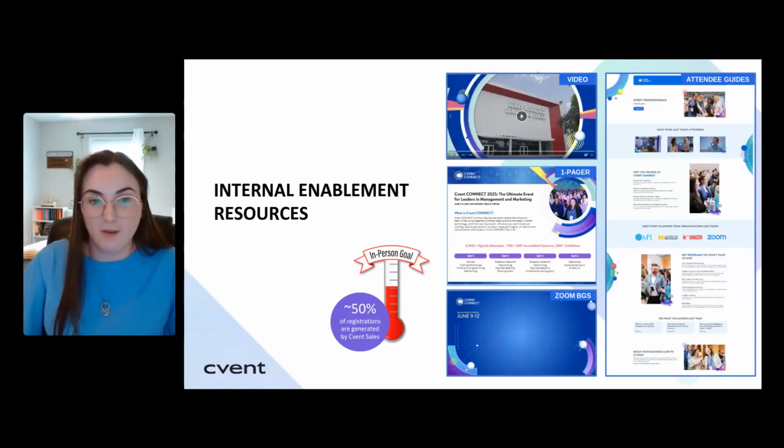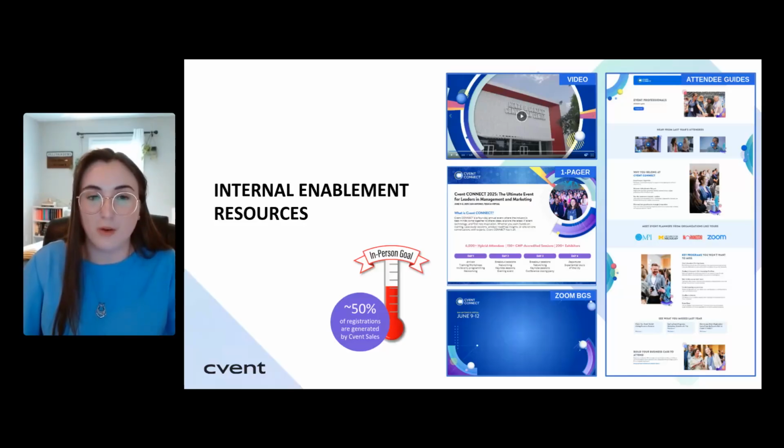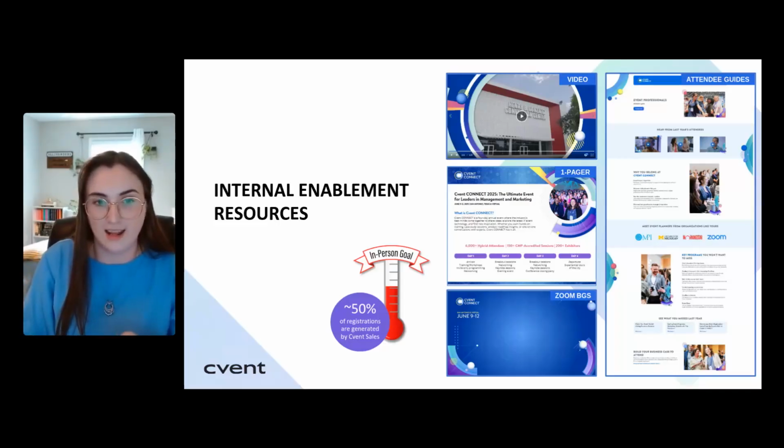And then my favorite thing that we create for our sales team are these attendee guides. And these are really multi-purpose. They're both for our internal teams and for external promotion. But what they do is create that really curated experience that I talked about earlier, looking at our target personas and then saying, okay, here's a testimonial that's relevant to you. Here's logos of other groups that are attending that are in your field. Here's all the different programming that you'll be interested in.